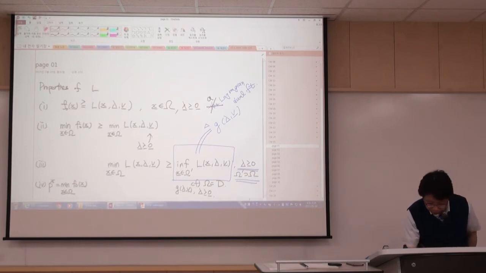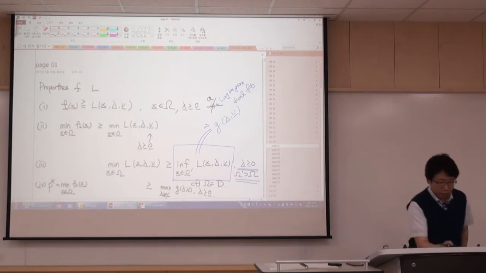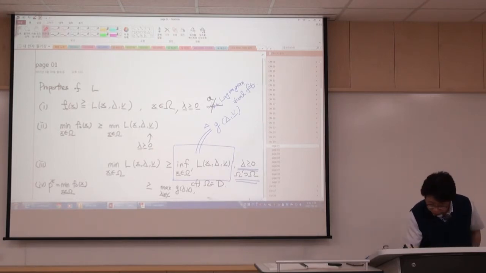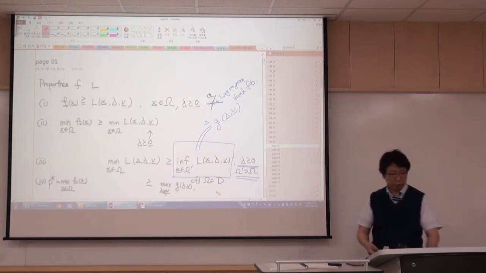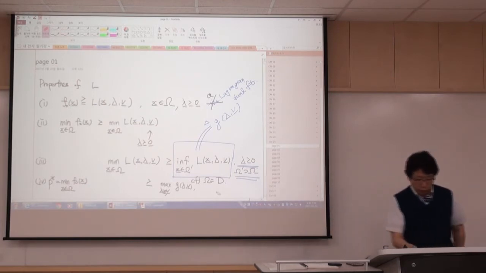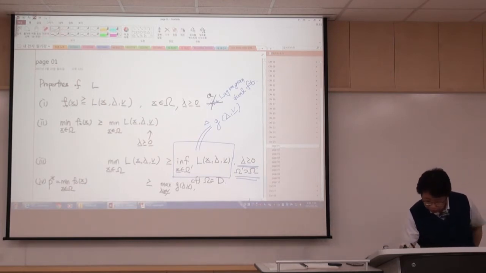So here what we have is max over lambda nu, and remove this. Got it? And we call this maximum value d star.